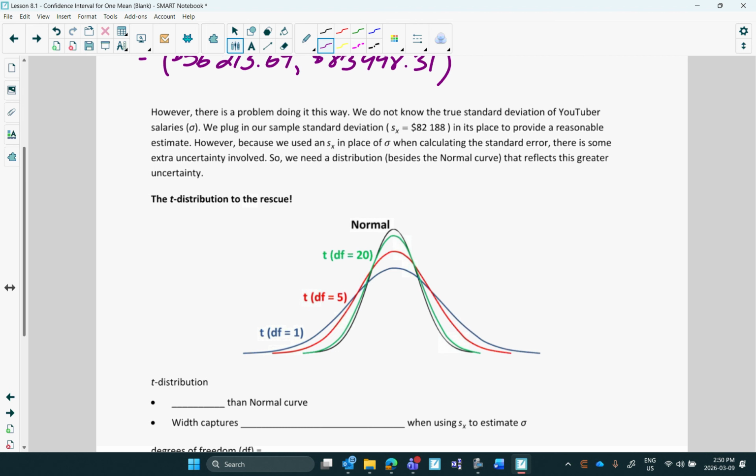But notice when DF is a low number, the T distribution is flatter and wider out at the ends. As this DF value gets larger, it gets closer and closer to a normal distribution, doesn't it? But even so, it still has wider tails, and it accounts for that difference.